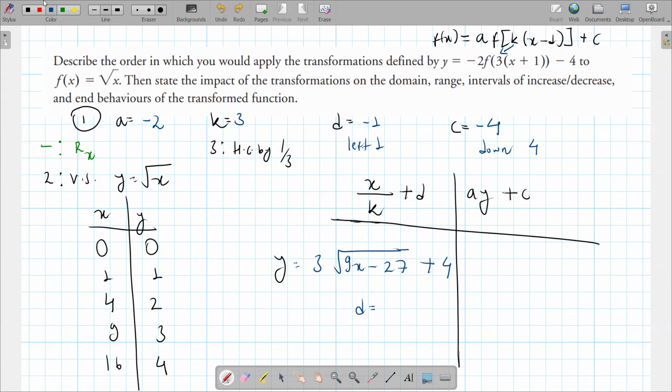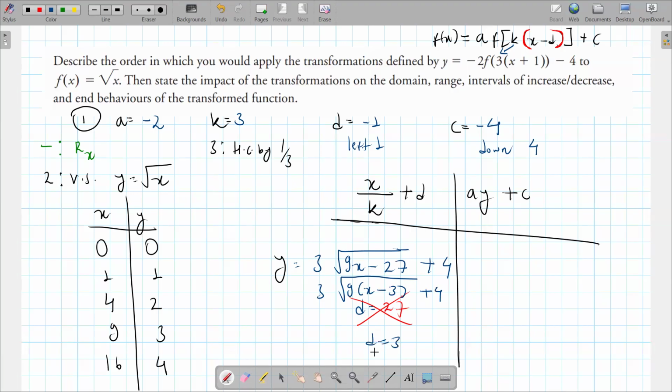It's actually 3, right? Why? That's because notice in the general form, your k is pulled out of the bracket, right? See this? Whereas here, your k is thrown inside of the bracket. So your d is not 27. That's a very common mistake. To see your d, what you need to do is you need to pull out the k value. So now if you pull out the 9, x minus 3, so you see your d value is actually 3.